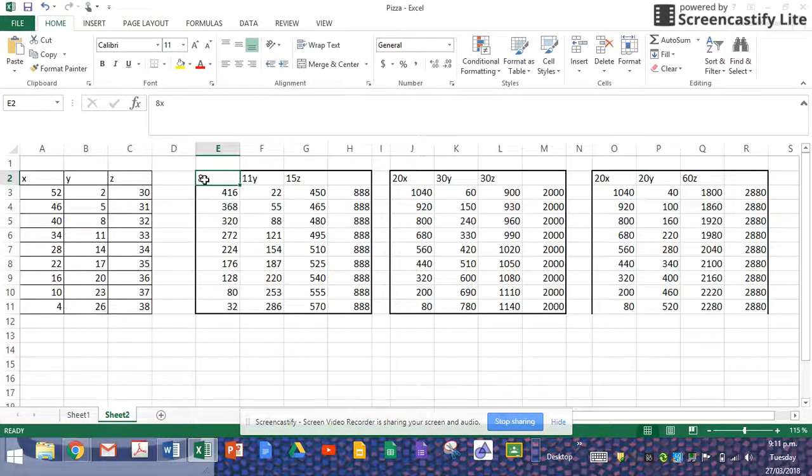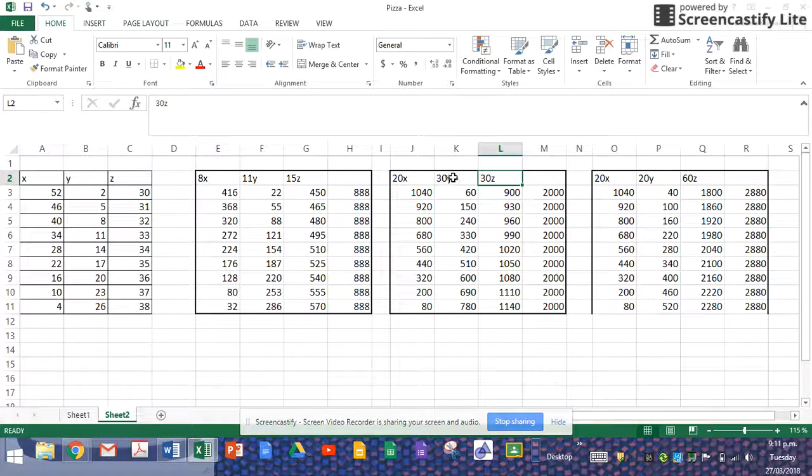I went $8 times 52 plus $11 times 2, which is $22, $15 times 30. When I added up those three numbers, I got $888. Likewise, 20 times 52 mini pizzas, 30 times 2 regular pizzas, 30. Did I say $30? Apologies.